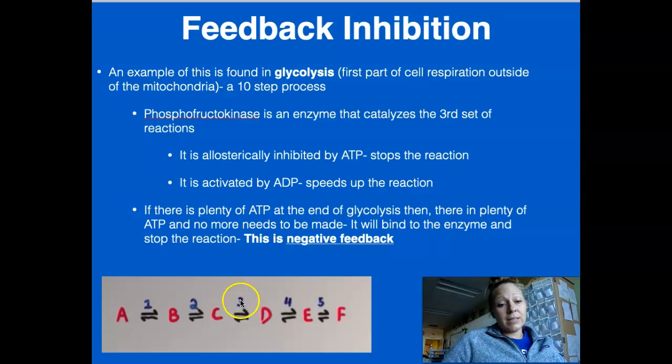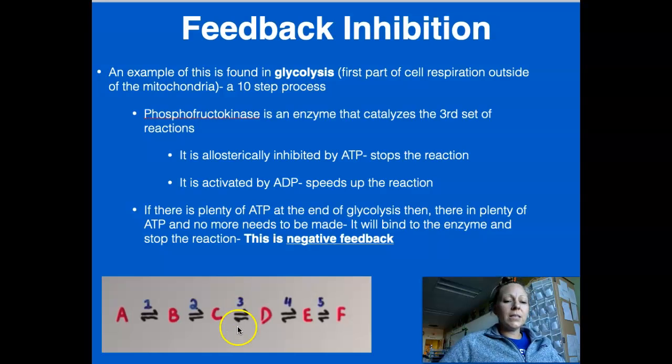And here's enzyme number 3, which we call phosphofructokinase, and it's going to catalyze the third set of reactions. Here it's represented by the number 3. It is allosterically inhibited by ATP, and it is allosterically activated by ADP.